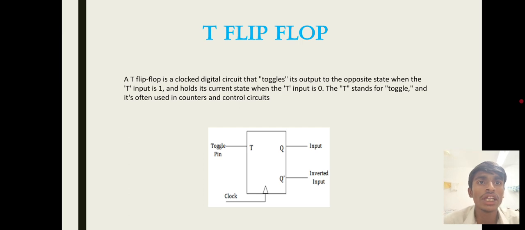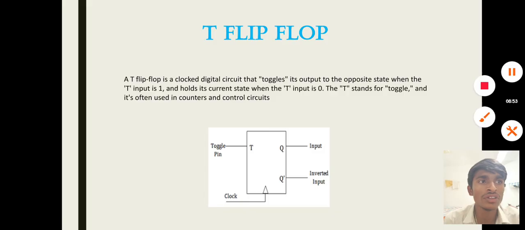A T flip-flop is a clocked digital circuit that toggles its output to the opposite state when the T input is 1, and holds its current state when the T input is 0. The T stands for toggle, and it is often used in counters and control circuits. The toggling property makes the T flip-flop useful in frequency division, counters and toggle switches.